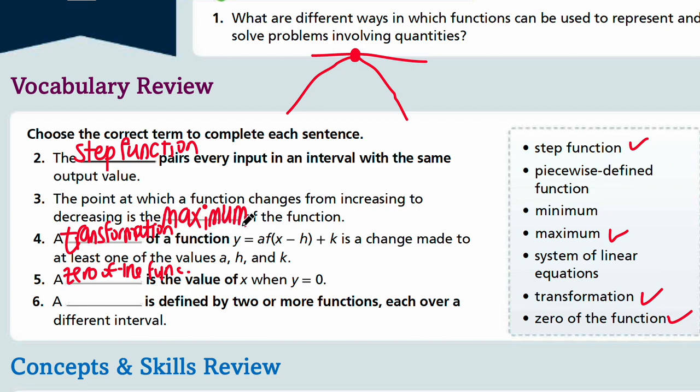Okay, number 6, a blank is defined by 2 or more functions, each over a different interval. It has 2 or more functions, and it has different intervals. So if you have 2 or more functions combined together over intervals, this is a piecewise defined function.